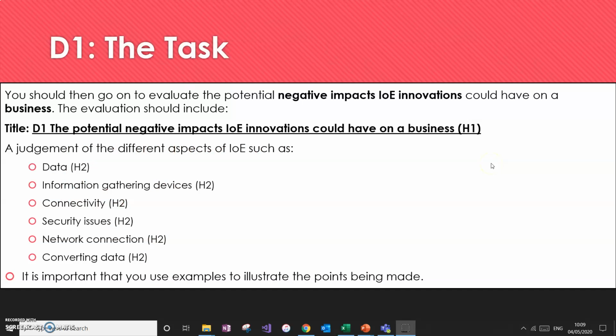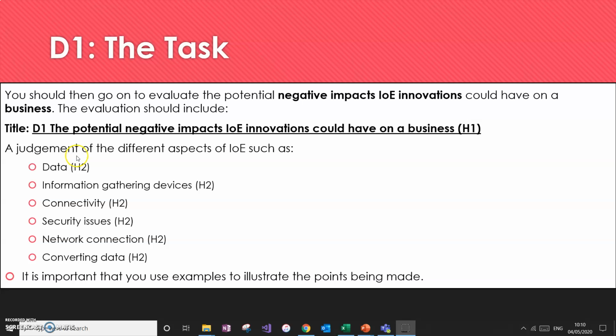The first thing you need to do, because it's going to require a new document, or if you've already got the template set up, you might already have the title for this inside that document. The title of this next assignment is Distinction 1D1: the potential negative impacts IoE innovations could have on a business.